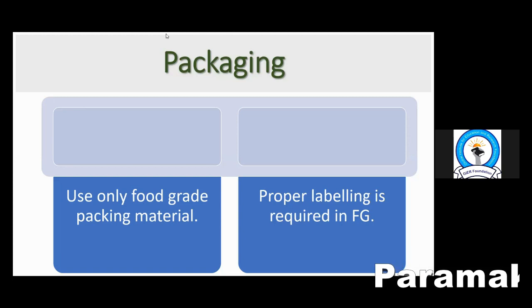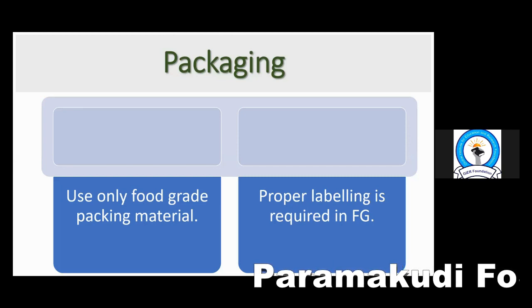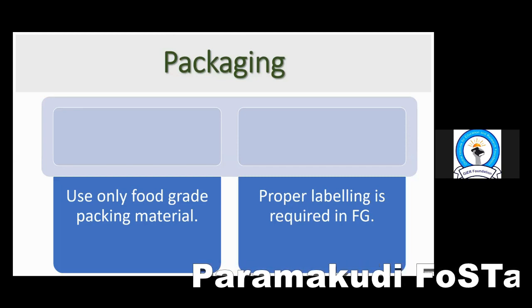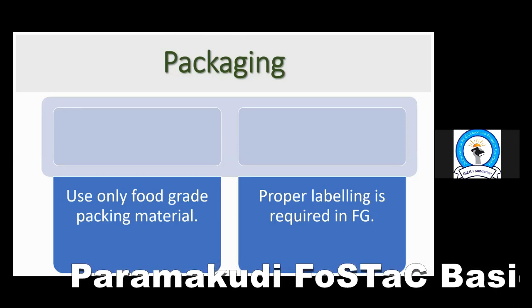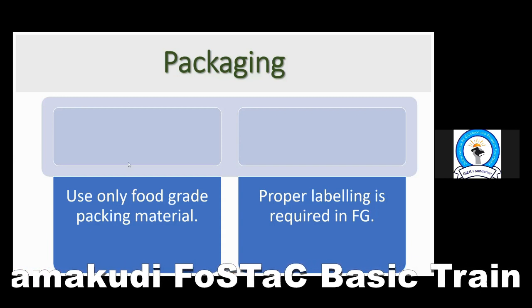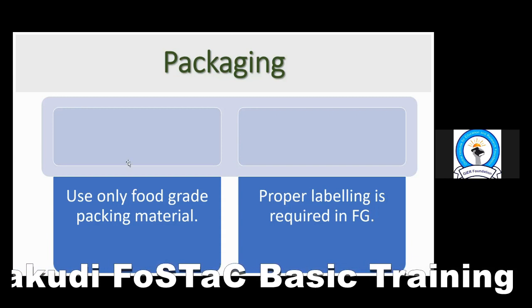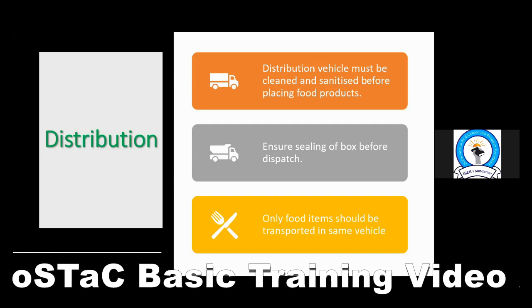So if you're doing any packing, avoid loose packing, avoid finished packing. If you're doing finished packing, by sealing by any means, then you need to do proper labeling, and for that you need to do registration for repacker or manufacturer, and then there are different name, different laws. All right. So lastly, distribution.